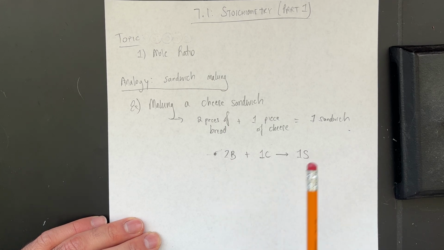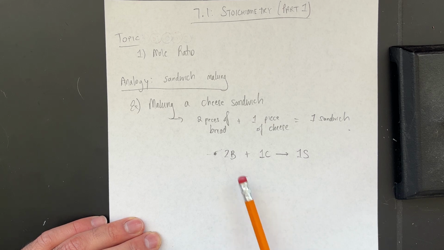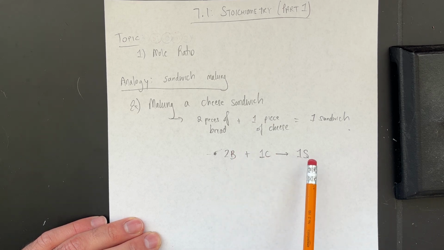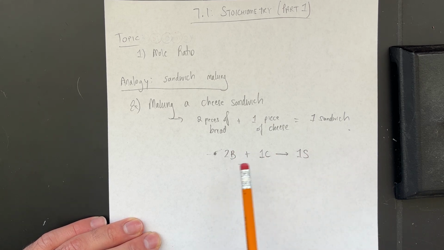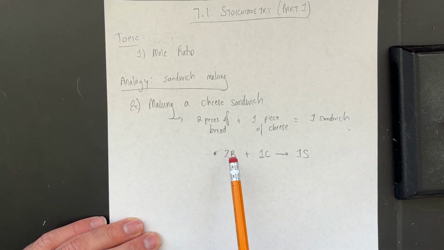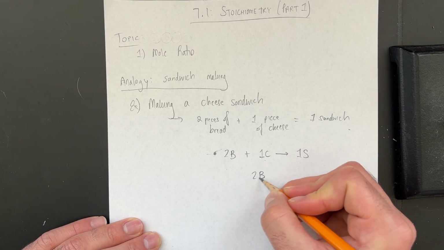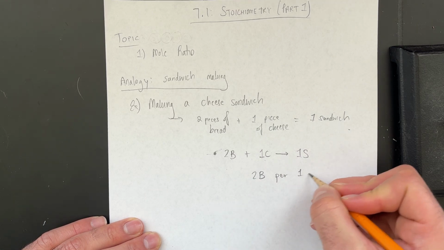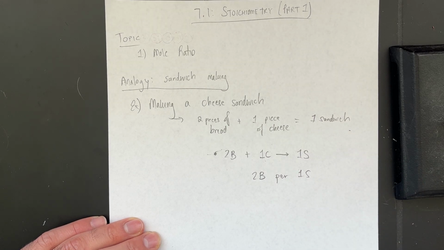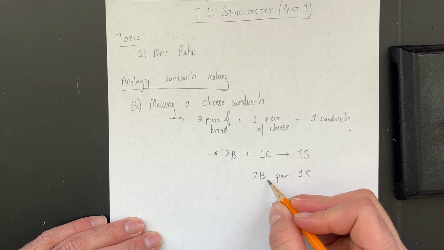And so what's happening here is that in order to make 1 sandwich, we're using 2 breads and 1 cheese. So for every 1 sandwich, we use 2 pieces of bread. It's 2 pieces of bread per 1 sandwich. So we can write that. And that's true, right? For every 1 sandwich we make, we need to use 2 pieces of bread. Another way to write this is what we call a ratio.